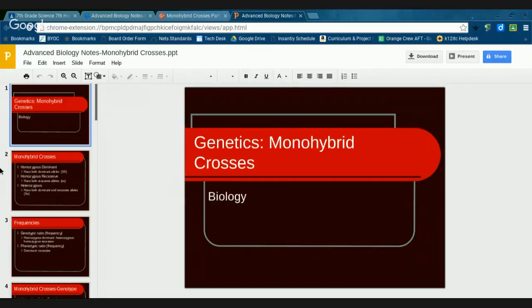And then the two different versions of your alleles are the dominant and the recessive forms of the traits. If you have one copy of the dominant allele, you will automatically show that dominant phenotype, or what you look like, because remember, the genotype is the set of alleles you have.